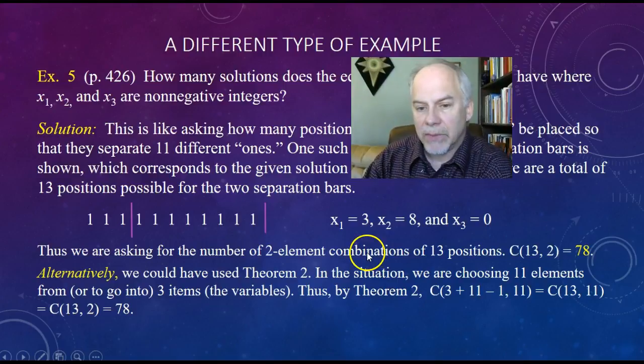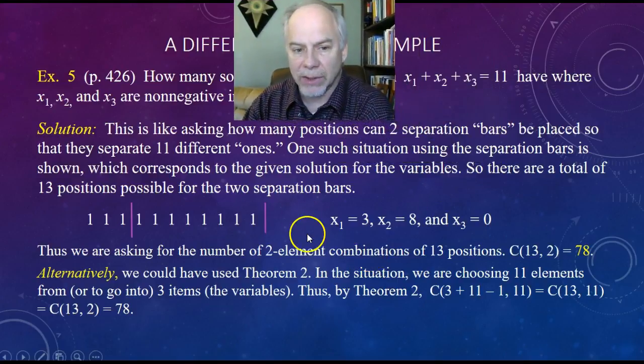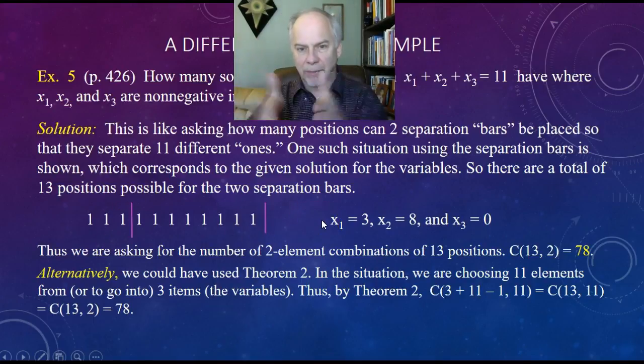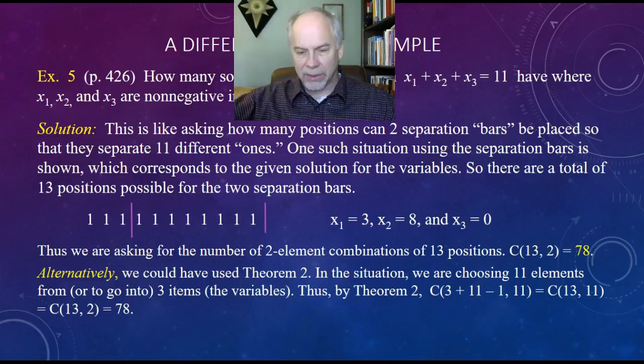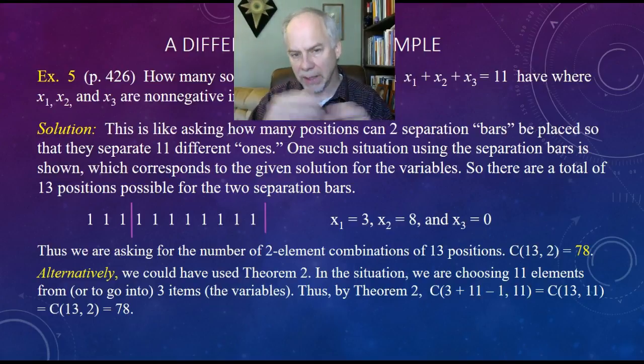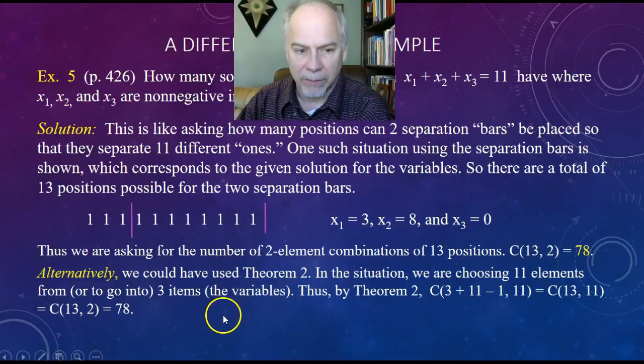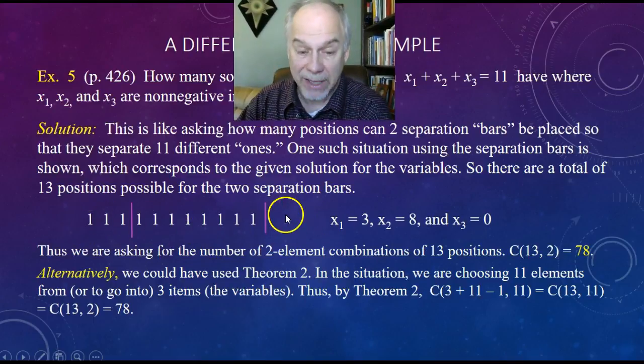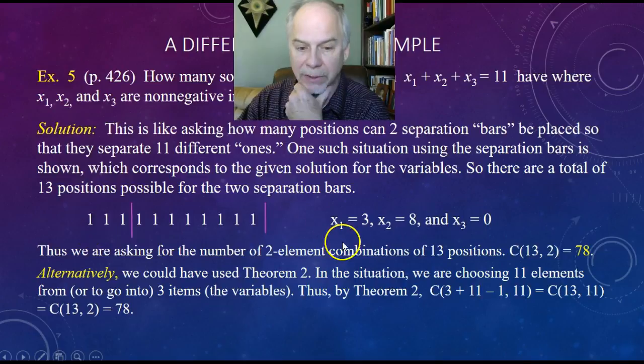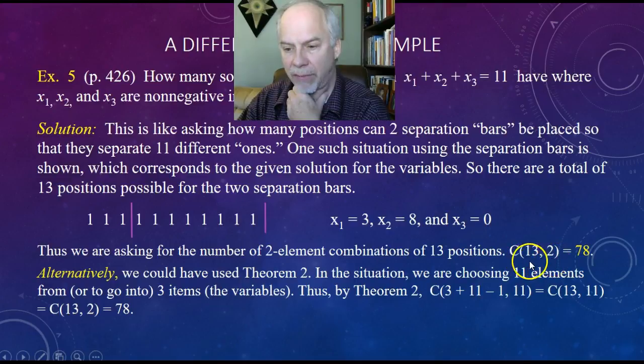So that was a really unique way to solve this: think of it as placing 2 separation bars in among 11 numbers. And so it's a total of 13 possible positions. The bars could be 2 of the 13 positions, and the ones would be the other 11. If you count up, including the bars, you have 13 things. So you're choosing 2 positions out of 13.